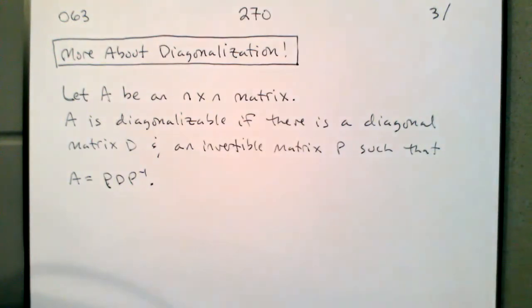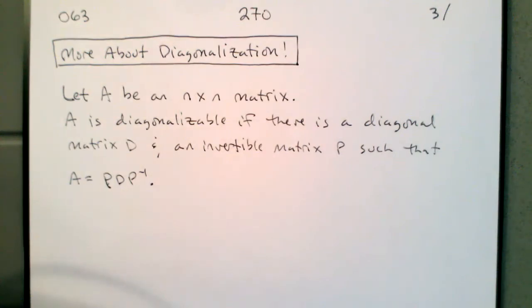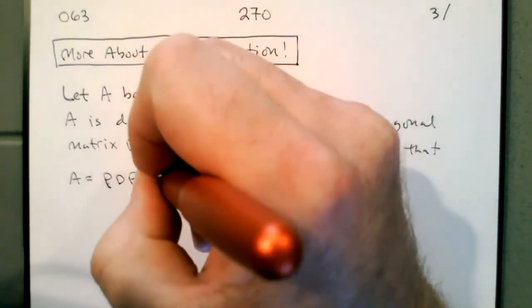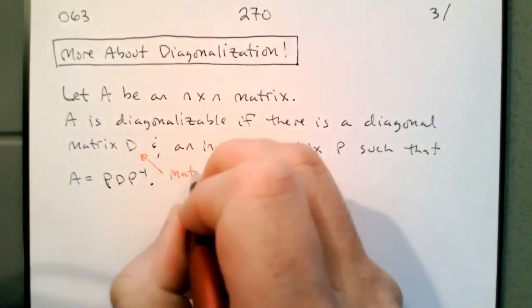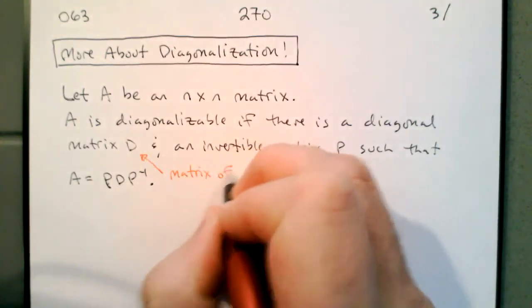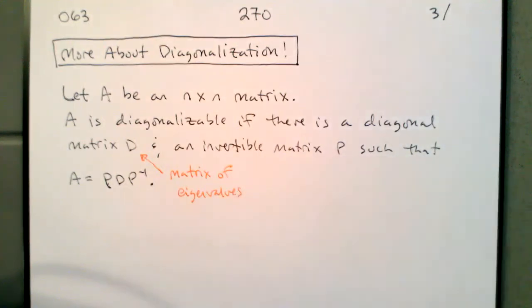So what we found out is that the diagonal matrix D is going to be a matrix of eigenvalues. And the invertible matrix P is going to be a matrix of the eigenvectors.